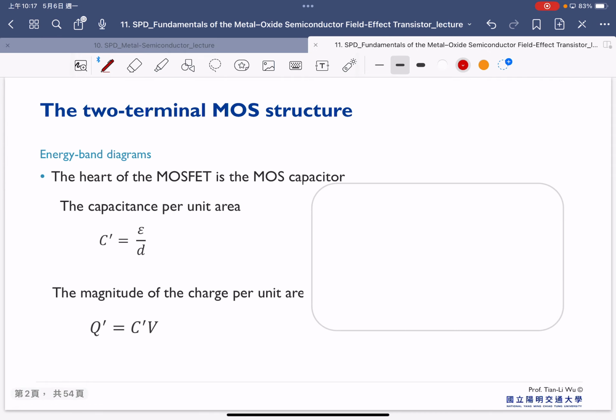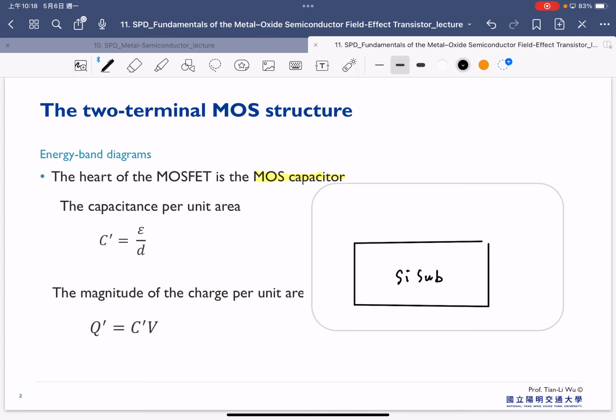Before we talk about the MOSFET, we still want to start with a simple version, where we focus on the MOS capacitance, because we believe the heart of the MOSFET is the MOS capacitance. The structure of a MOS capacitor is shown here. We always start from a certain substrate, but right now we don't have a source or drain.